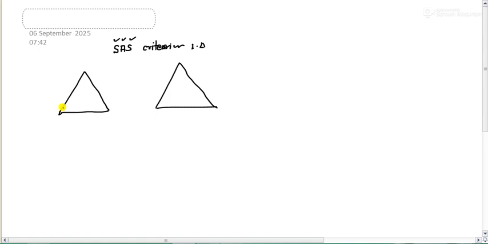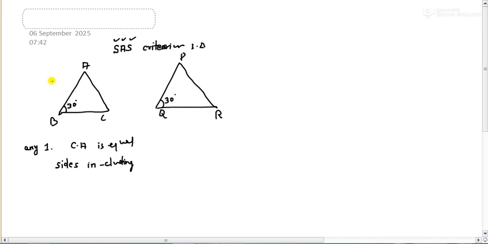So if this angle is equal, for example this is 30 degrees and this is also 30 degrees, and here this is ABC, this is PQR. Now one corresponding angle is equal, and the sides including this angle.